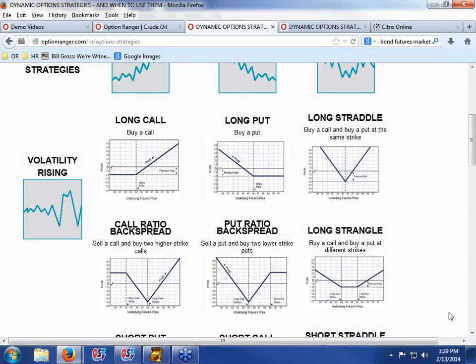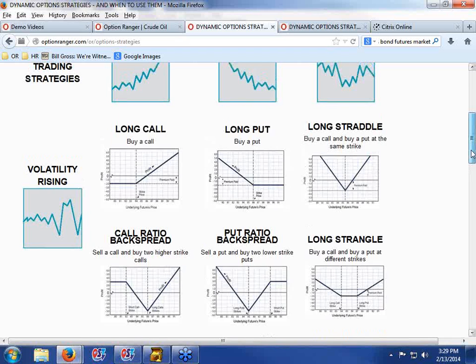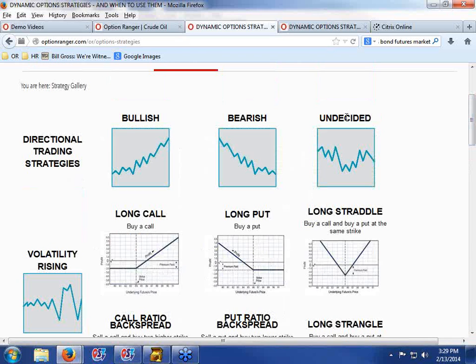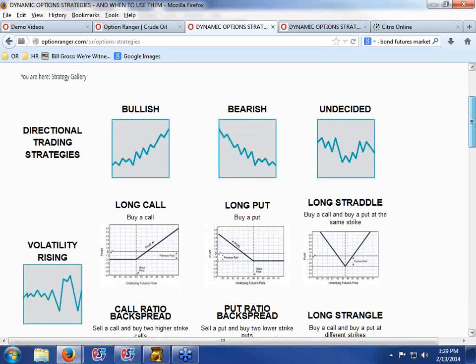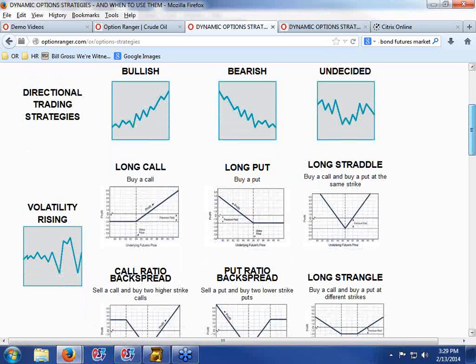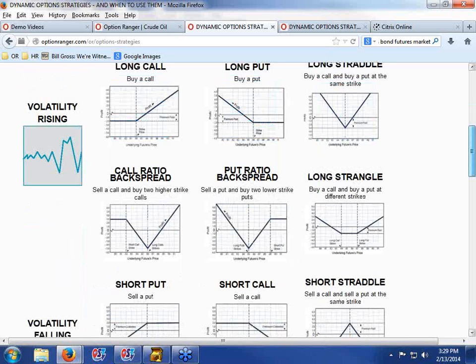The particular strategy we are looking at today, interestingly enough, has no directional outlook. This is for people who don't really have an opinion that the market's going up or down. In fact, it goes along with an opinion that the market's going to go sideways.